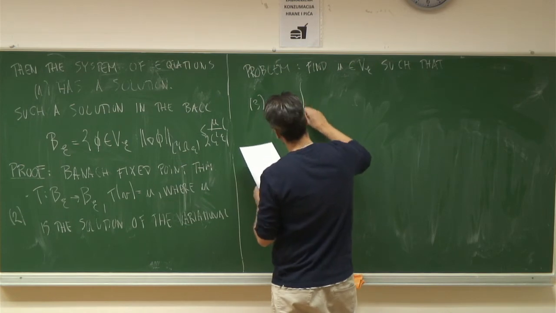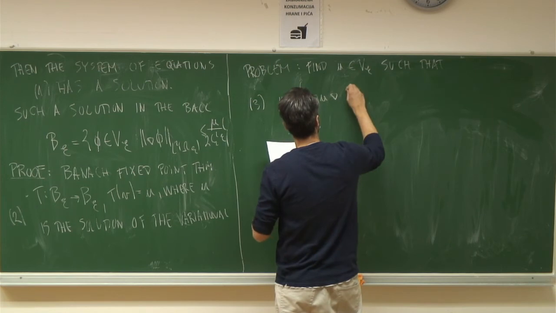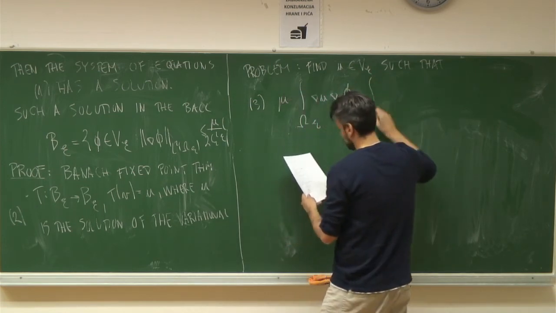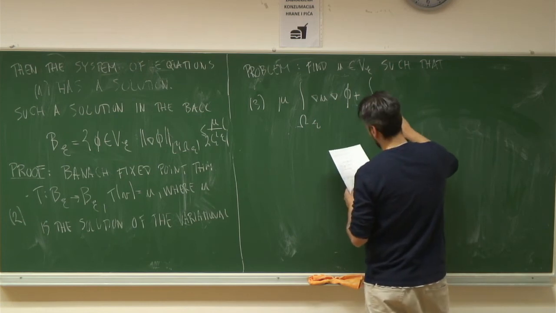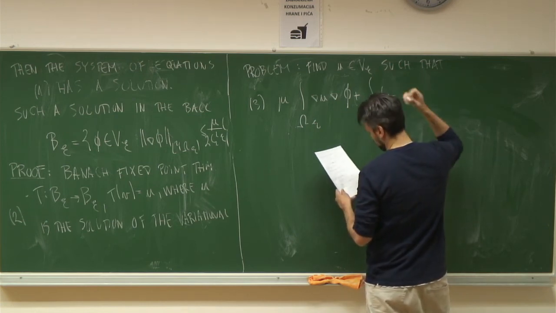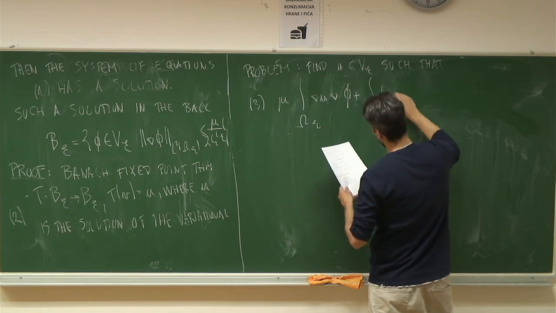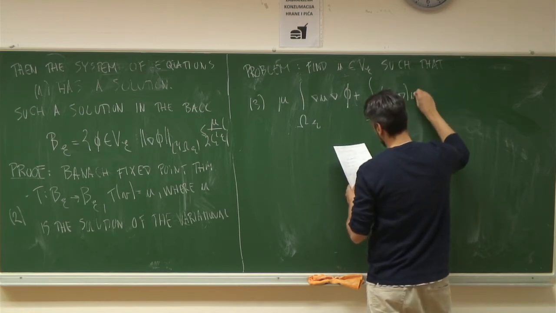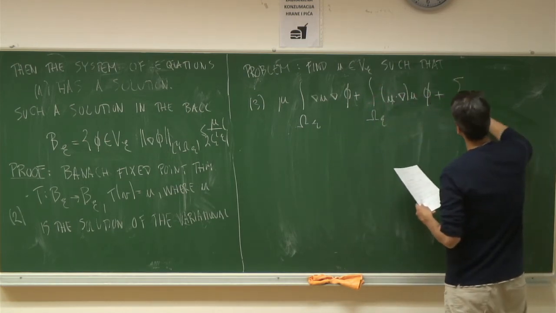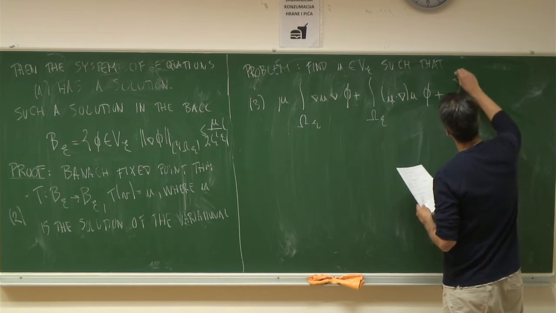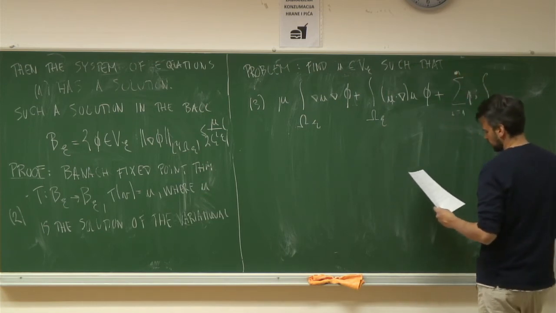So mu integral of epsilon, plus the term from the nonlinear term, plus the sum of pi and the integral over the exterior ends.